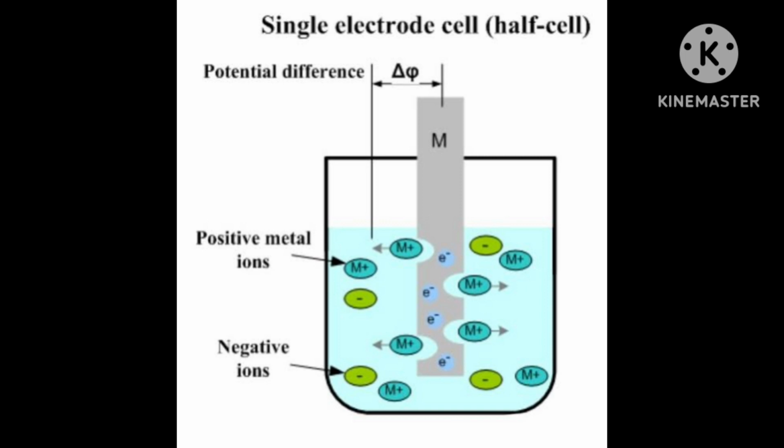I am telling you one example: Zn oblique Zn++, double vertical line, both lines should be parallel and vertical, and then you write Cu++ oblique Cu. Correct? And down you write whatever concentration is there. Suppose it is 0.1 M, write 0.1 M.